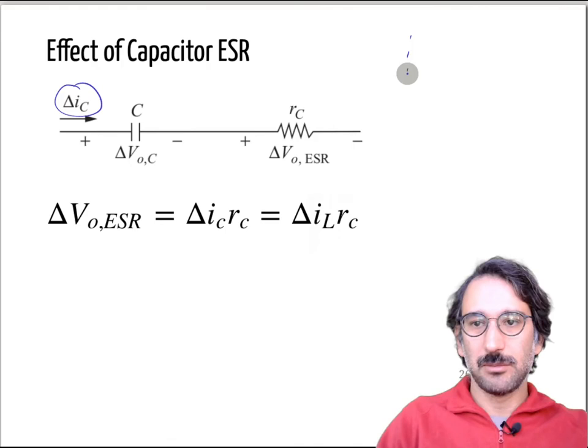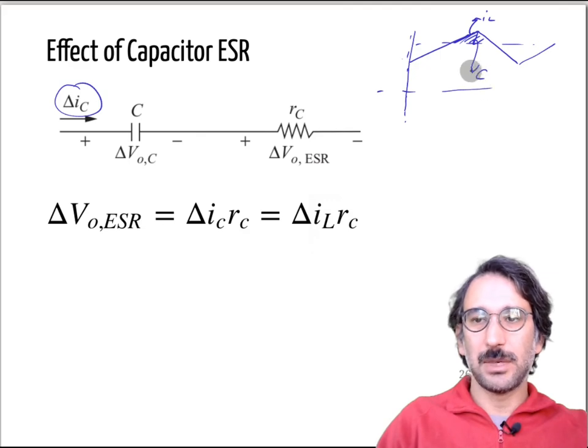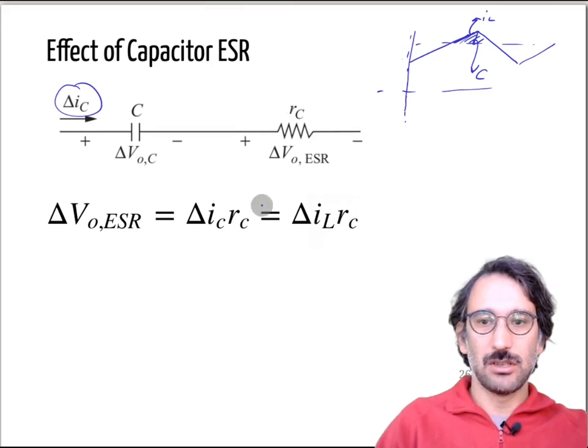So again, let me try to plot it. This was our inductor current, so this is IL. That amount of charge and that amount of current is getting into the capacitance to charge it, and that amount of current will create some voltage over that one.